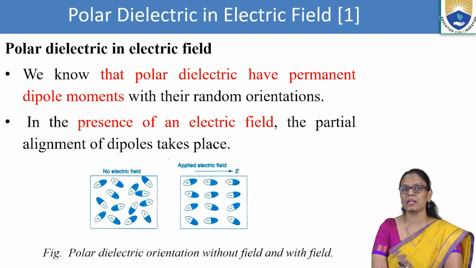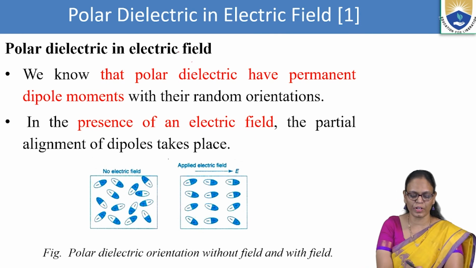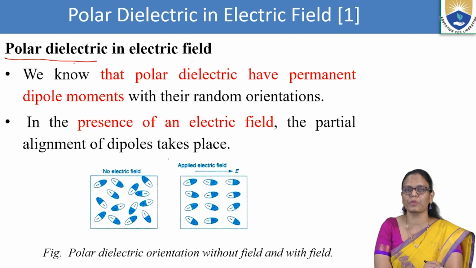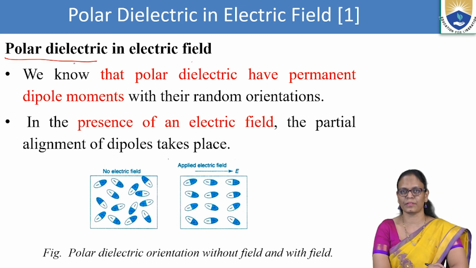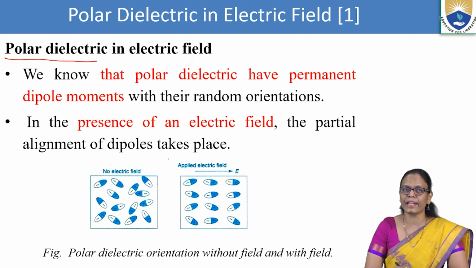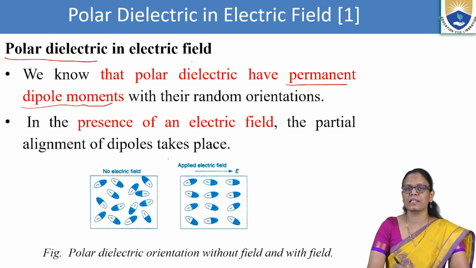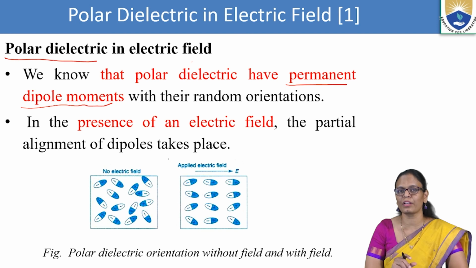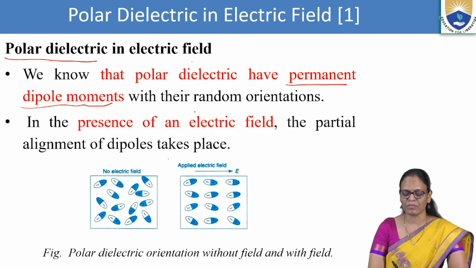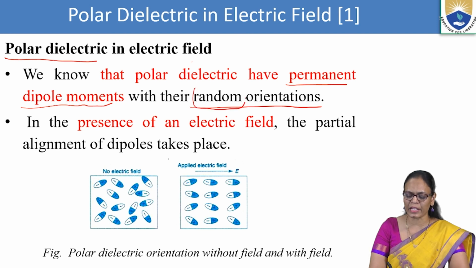Now when we are placing a polar dielectric in an electric field, polar dielectric means which is already polarized, where the charges are separated. Means they have already permanent dipole moments. But these dipole moments, if you are taking these molecules all together, they have random orientations. Random means in any direction they want.